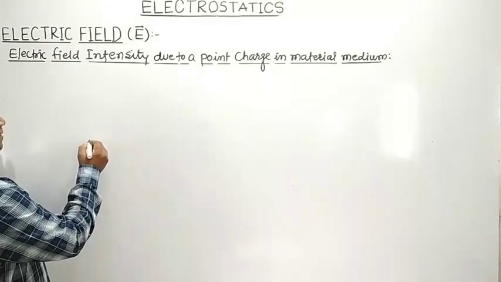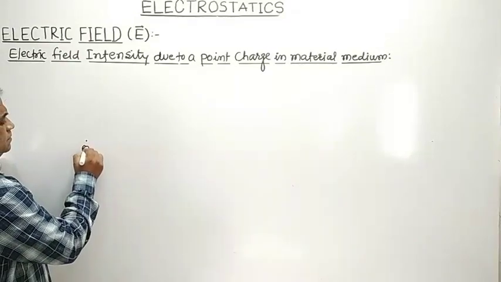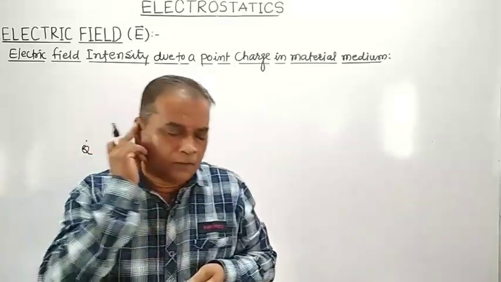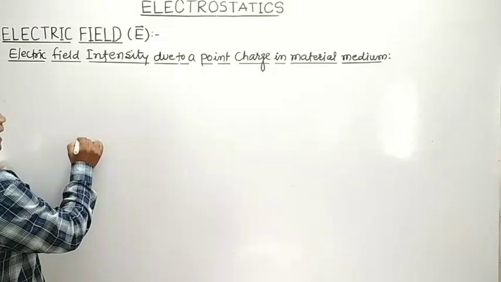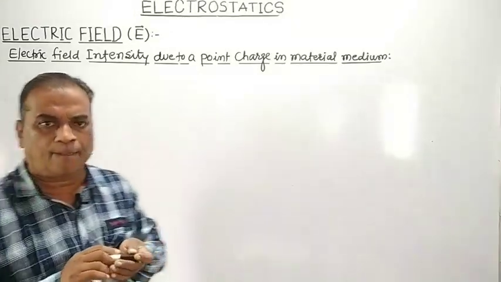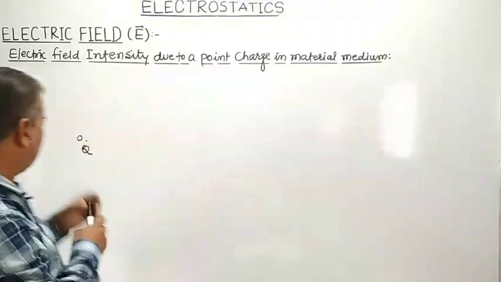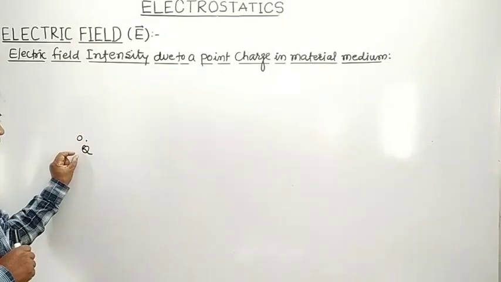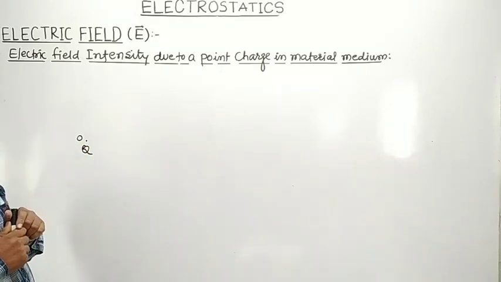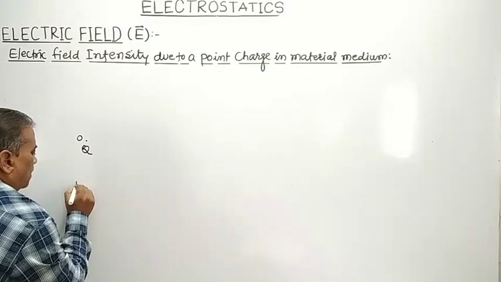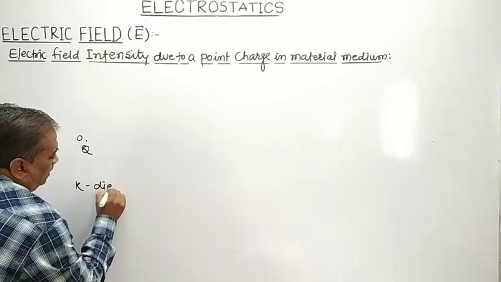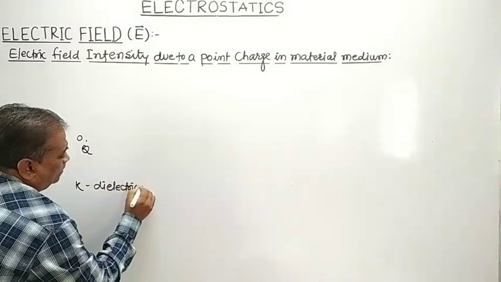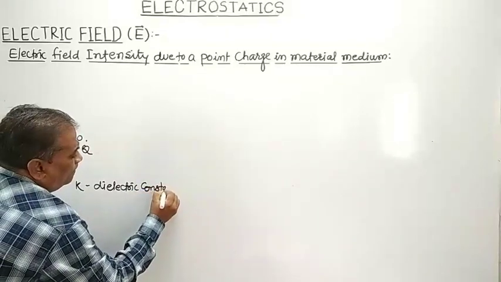So, let us consider that we are having some charge q which is kept in an isotropic homogeneous medium at some point O. A point charge q is kept at point O in an isotropic homogeneous medium whose dielectric constant is K. What is the dielectric constant of a medium?